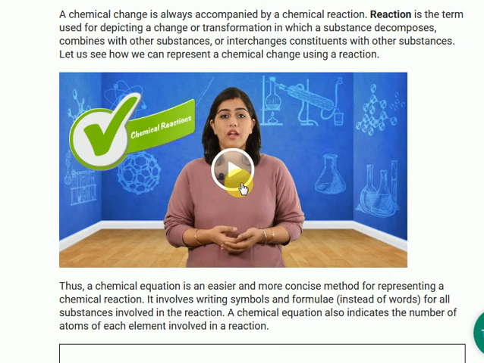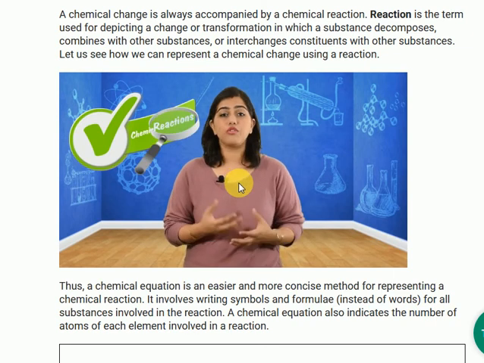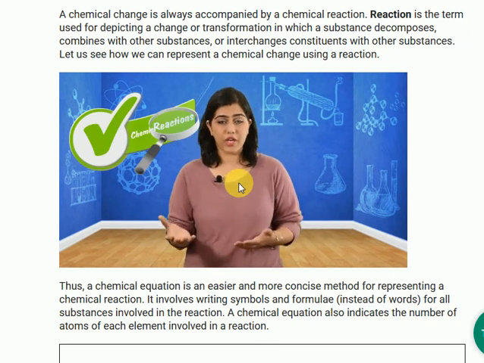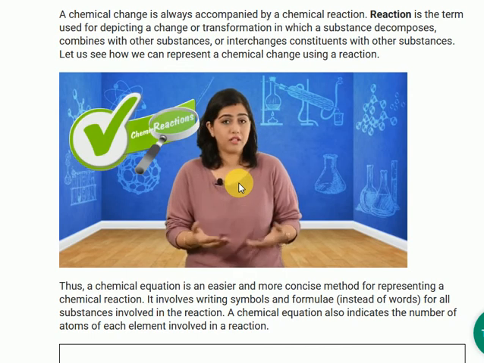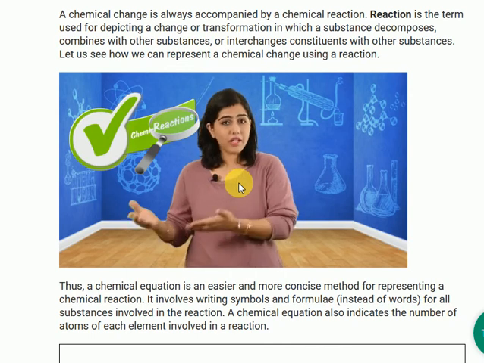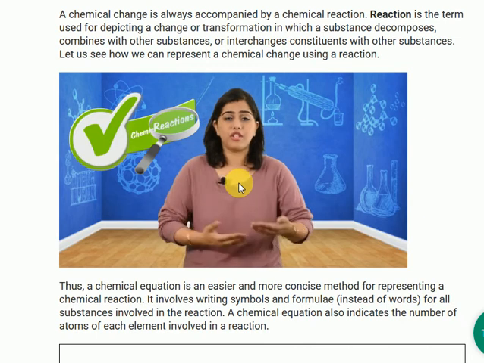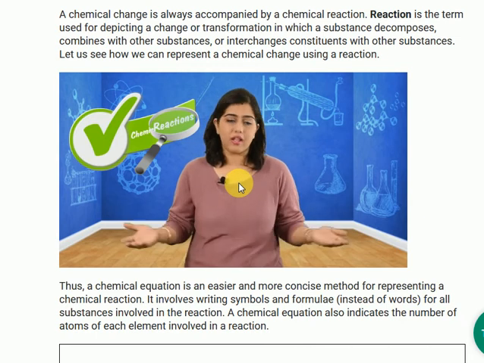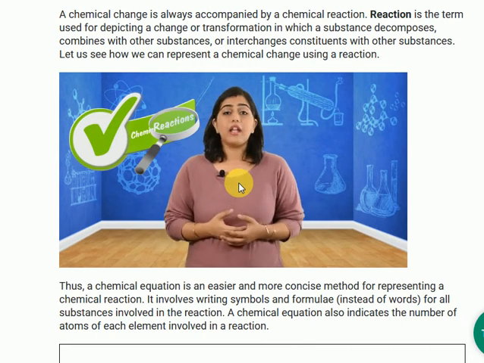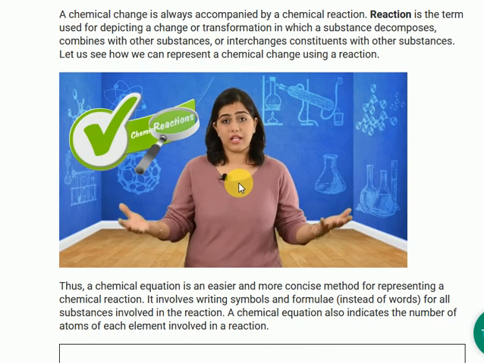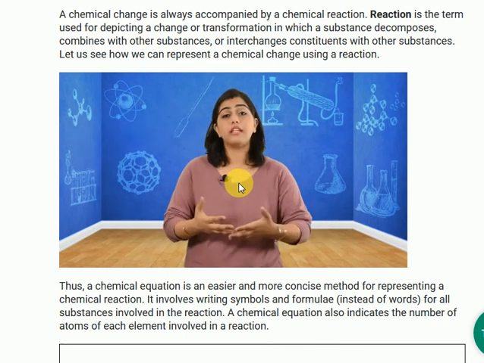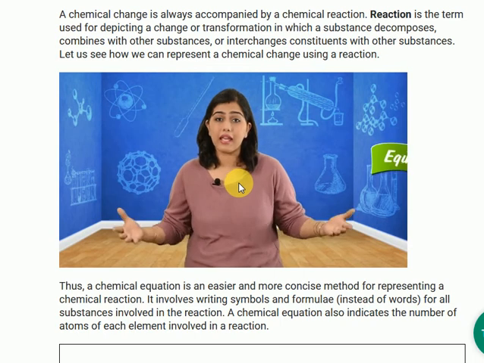Now, the term reaction is used to depict change or transformation in which a substance either decomposes to a new substance or combines with other substances or exchanges its constituents with other substances. And as we said that every chemical change is represented by a chemical reaction, this chemical reaction is basically an equation.